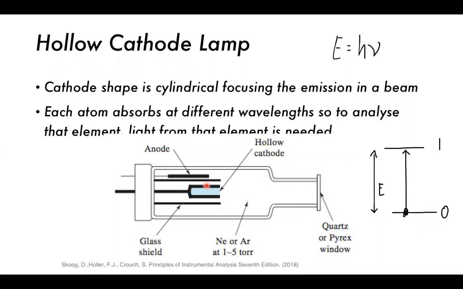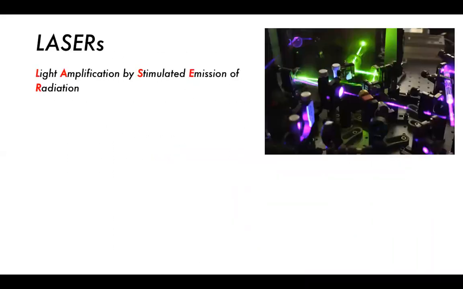Then anything else, like copper maybe absorbs at 450 nanometers. It won't absorb the 400 nanometer light. Same for something maybe like sodium, which maybe absorbs at 300 nanometers. It won't absorb the light either, because it needs to be actually exactly the same, or else it won't absorb. And we won't get the absorption effect.